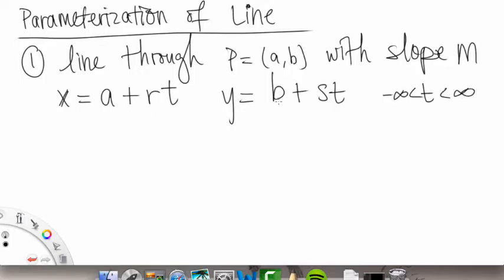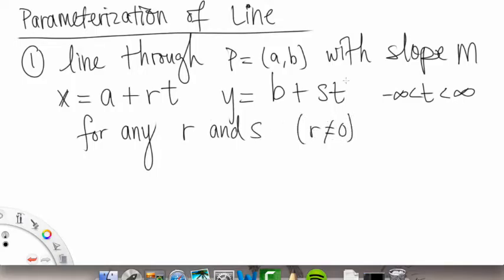So this is going to be your parameterization for each of your x and y based on t, all right? For any, and this is important to note, r and s such that r is not equal to 0, such that m is equal to s over r, okay?